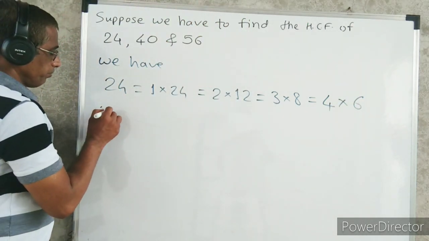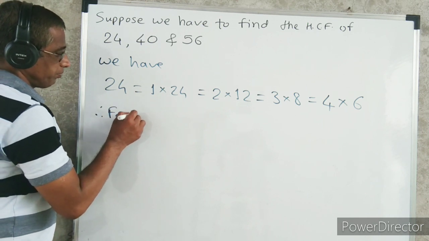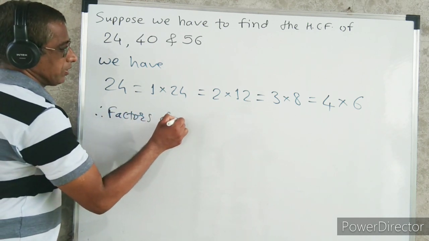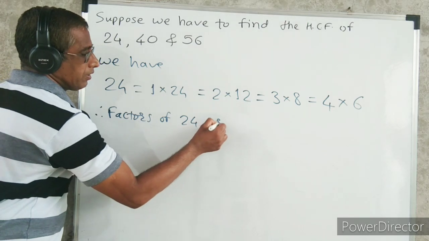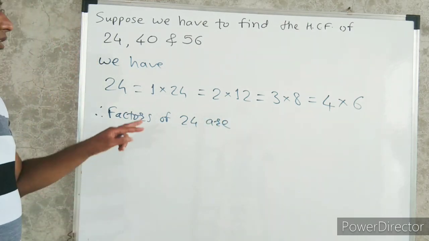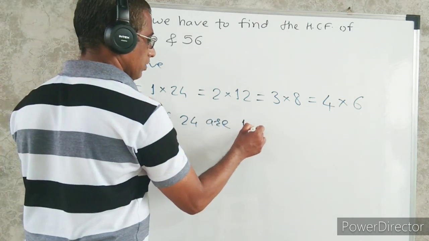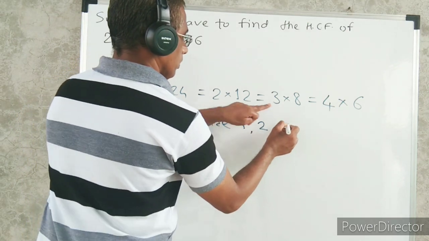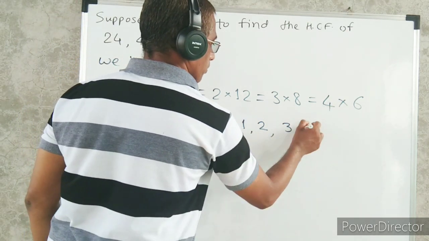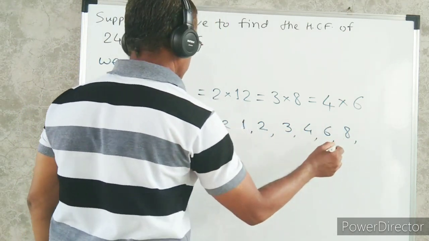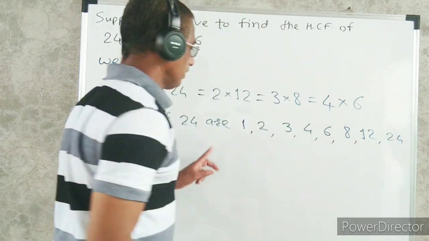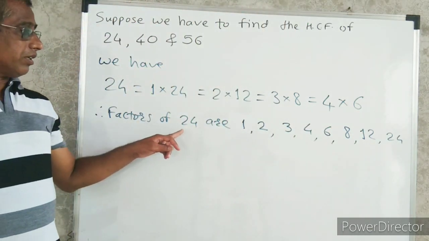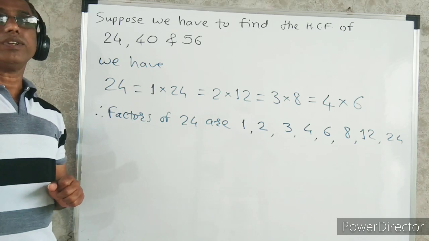Therefore, factors of 24 are 1, 2, 3. These are the factors of 24.